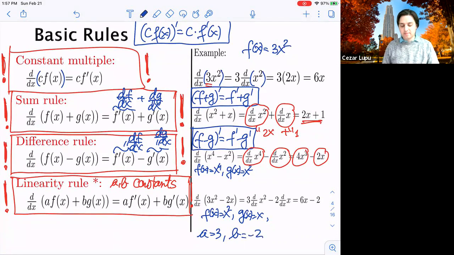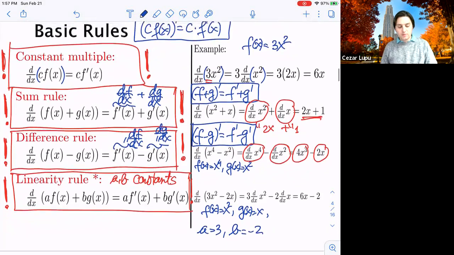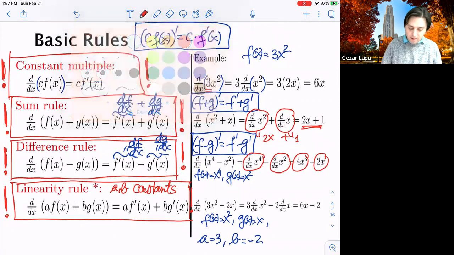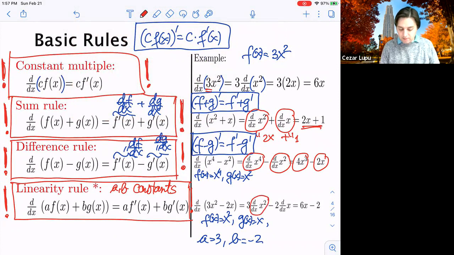So as you would expect, we can take the constants out. According to the rule, it will be 3 times the derivative of x squared with respect to x, minus 2 times the derivative of x with respect to x. Well, the derivative of x is 1, and the derivative of x squared is 2x.